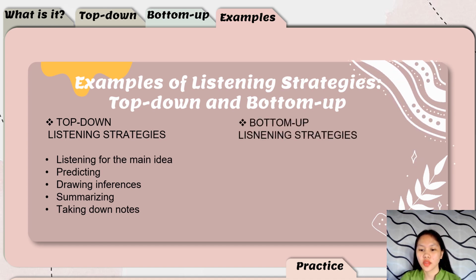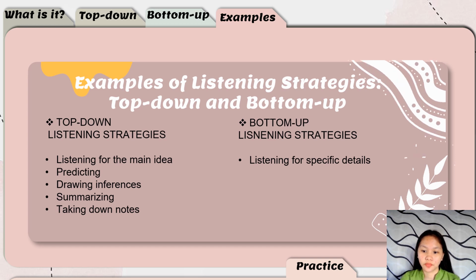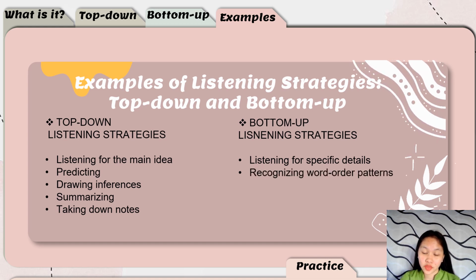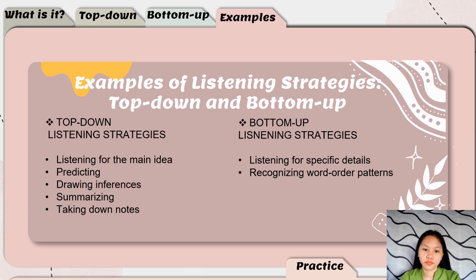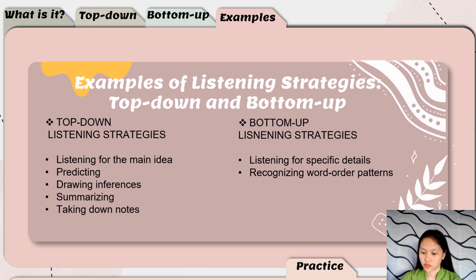Next, bottom-up strategies. The first example is listening for specific details. As I've said earlier, bottom up is for the specific details like words, phrases, sentences, or details of a text.